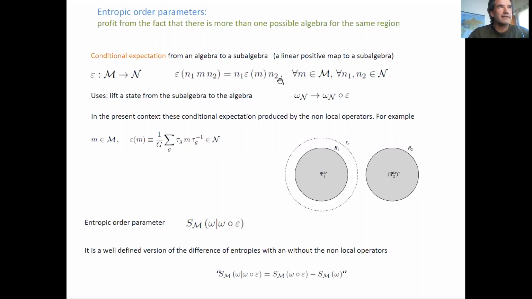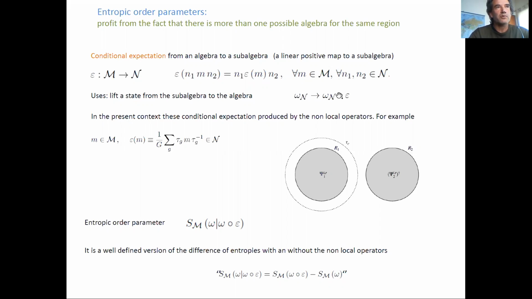The reason why this special kind of map, called conditional expectation, is interesting is that it allows you to lift a state in the small algebra. If you have a state in the small algebra, this omega N, for example, here I'm talking about a state in this discussion as just a function of the operators that gives you numbers. So I'm thinking of this as a function that acts on the small algebra and gives you numbers.